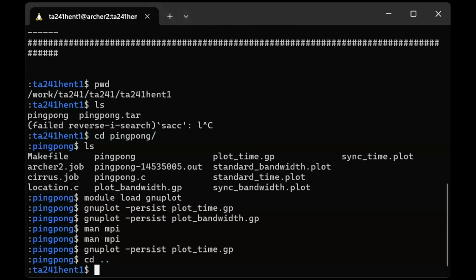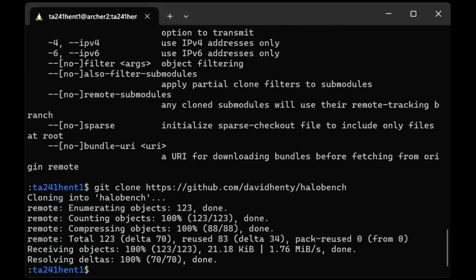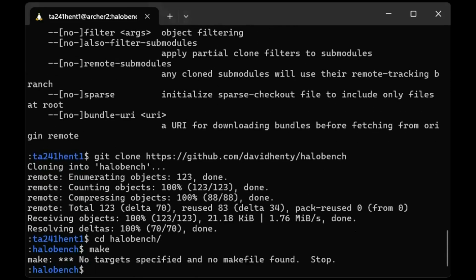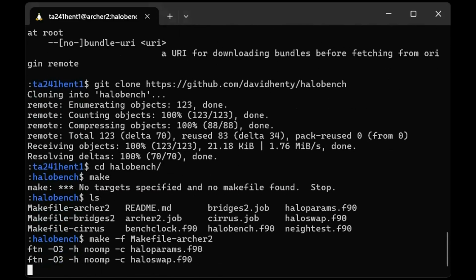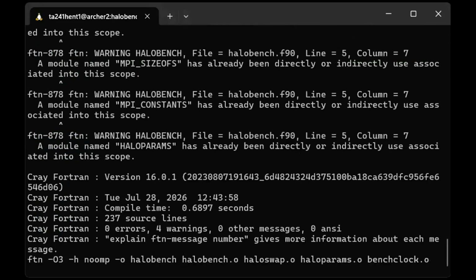So if I now do git clone and go to Halo Bench, I should be able to make, it's make -f Makefile.ARCHER2. Apologies, my Fortran isn't particularly good.